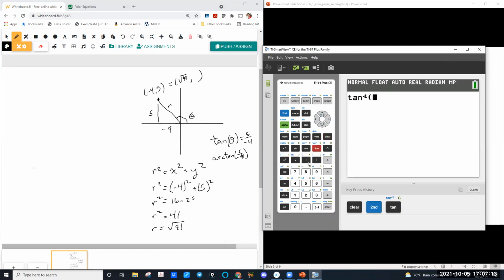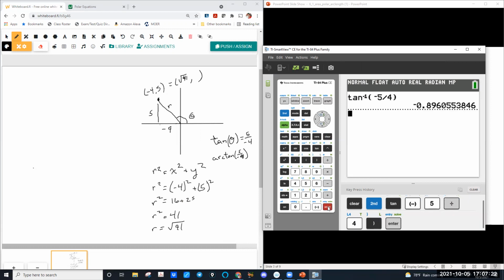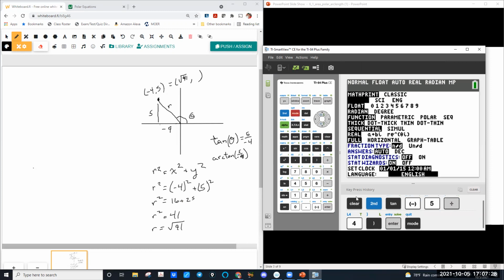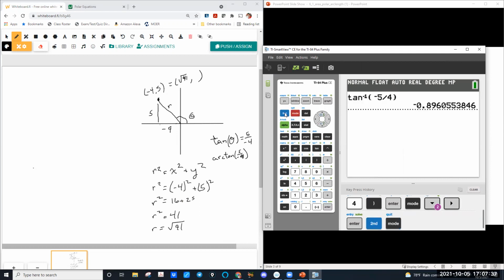So tangent of, we can put the negative out front. Notice I get negative 0.896 radians, or for this example, let's use degrees, because there's something I want to make sure we really get down here.